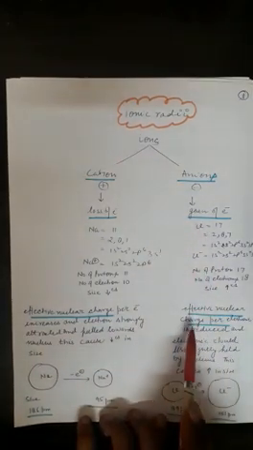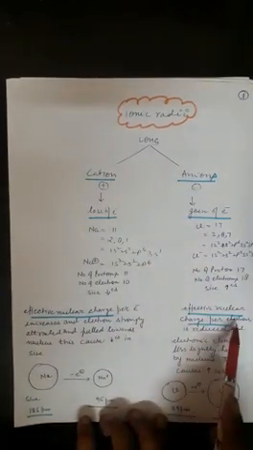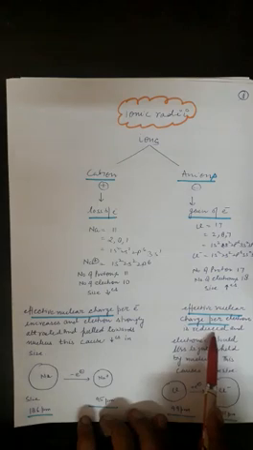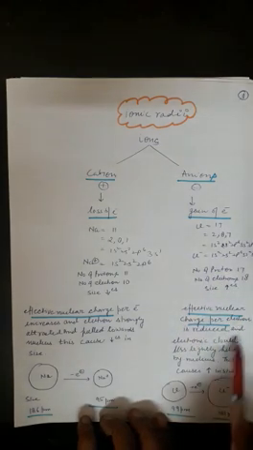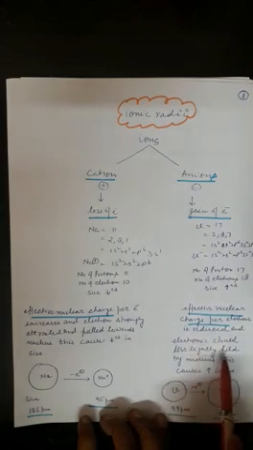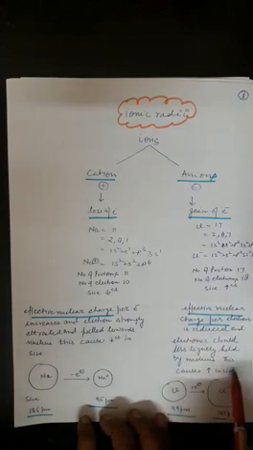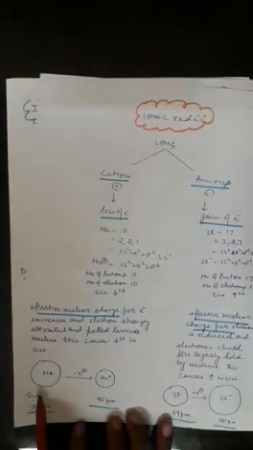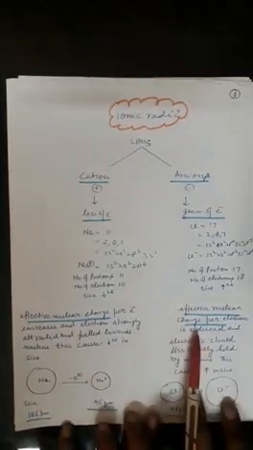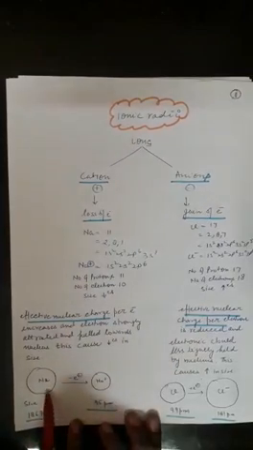Whereas in the case of anion, effective nuclear charge per electron is reduced because the number of electrons increases and the electron cloud is less tightly held by the nucleus, and this increases the size. See here, in the case of sodium, its atomic size is 186 picometer.